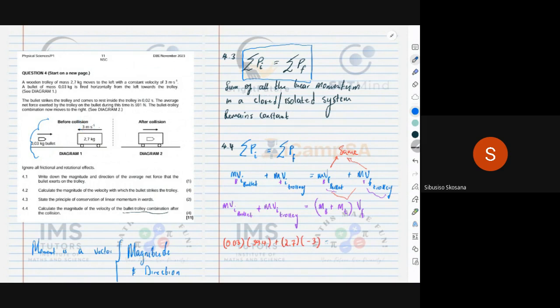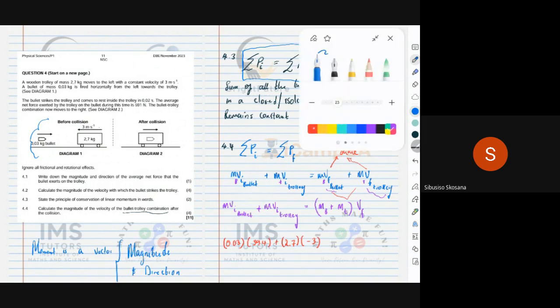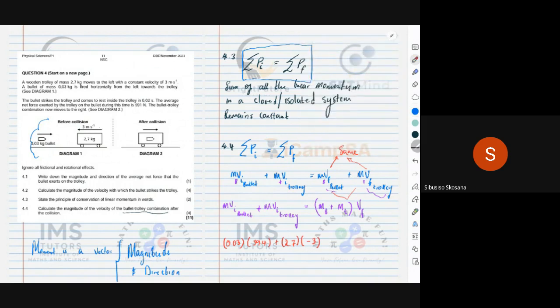So let's carry on. That means this equals 0.03 plus 2.7 times v f. These are masses, so they don't have direction, just magnitude.